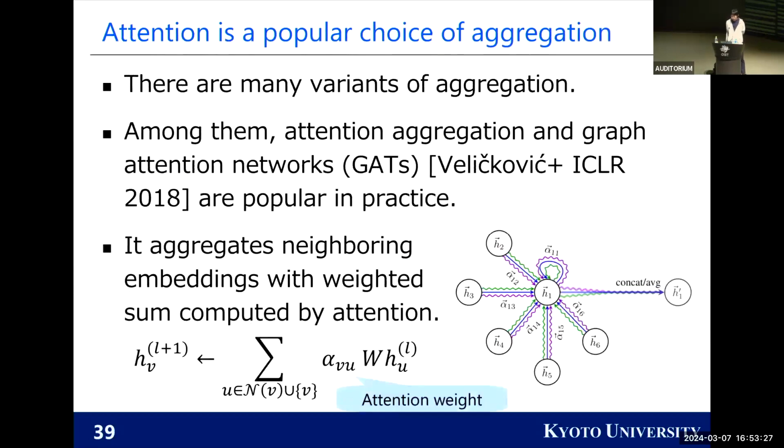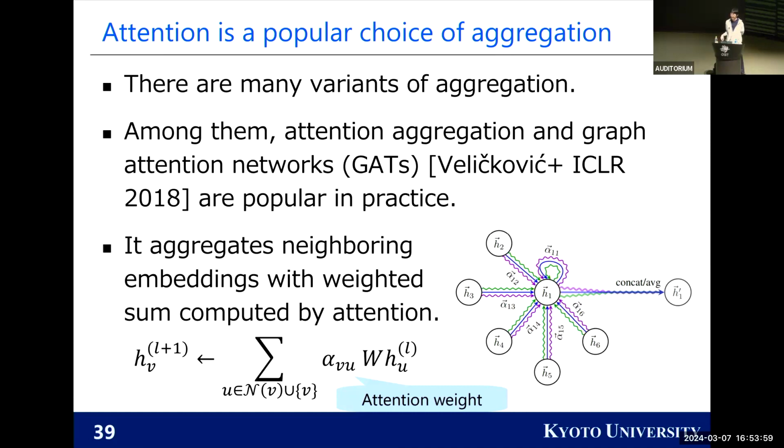And yeah, I mentioned very simple sum and average aggregation, but actually there have been many aggregation variants. And one of the most popular choices is attention aggregation, as in graph attention networks. And the idea is very simple. It gathers information from the surrounding nodes by an attention mechanism. It can also be formulated in an equation very simply, like this.